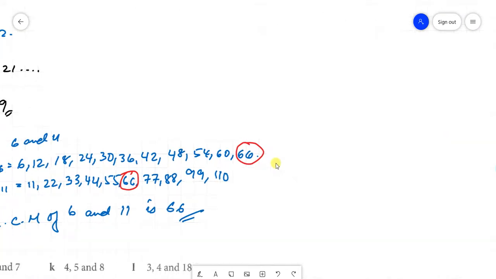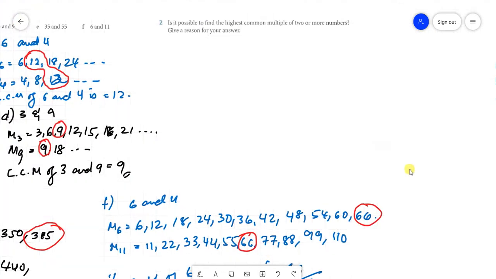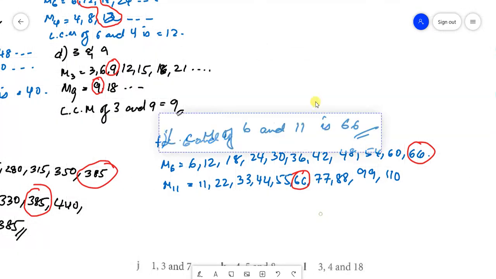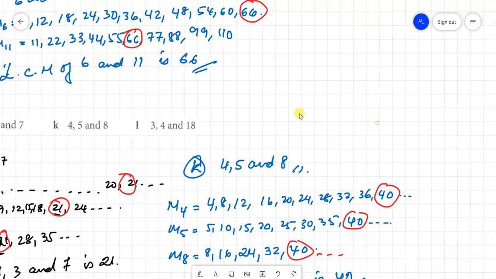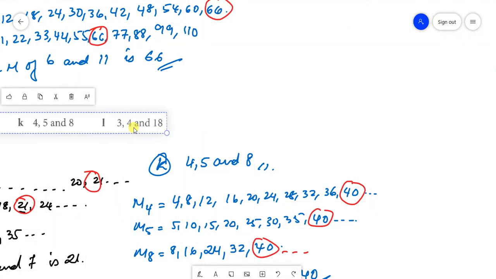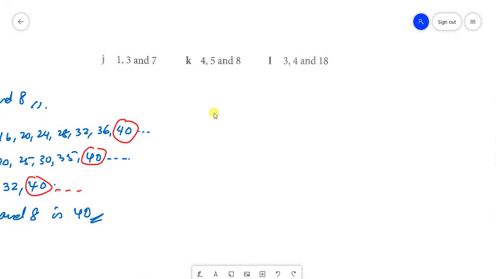Here we are done with EF, then we have GK. Now we have question L. The numbers are 3, 4, and 18.